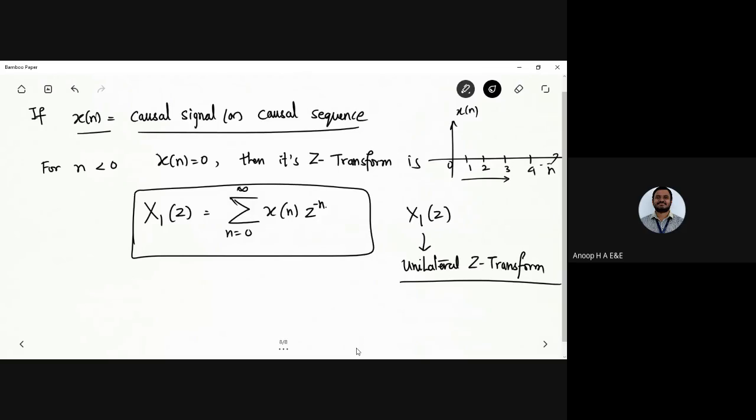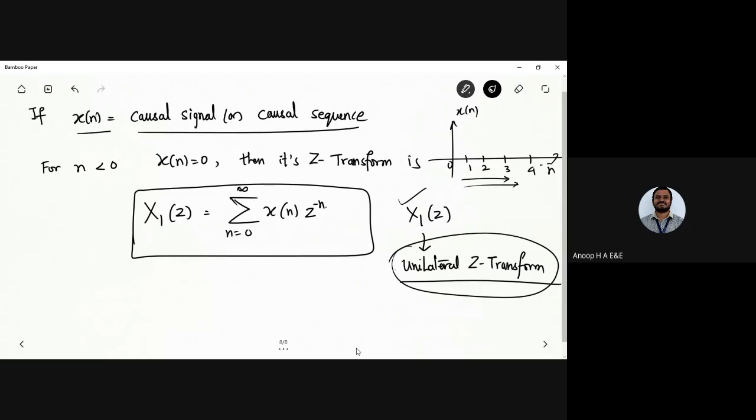It keeps on going, or depending on a certain set of values, you can write that discrete signal as a unilateral Z transform, say x1 of Z, with n equals 0 to infinity.